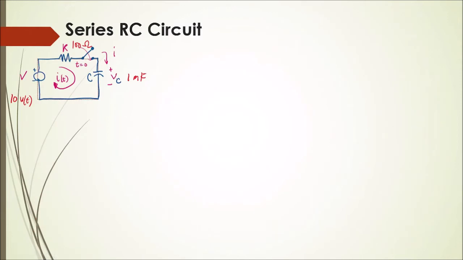Go to the example for the capacitor. We have this 10 UT. Unit step, so it's just 10 volts DC. 100 ohms and 1 millifarad. Farad is the unit for capacitance. Now, we're looking first for the tau or time constant. Then B, we're looking for the equation of the current I of t at any given time.